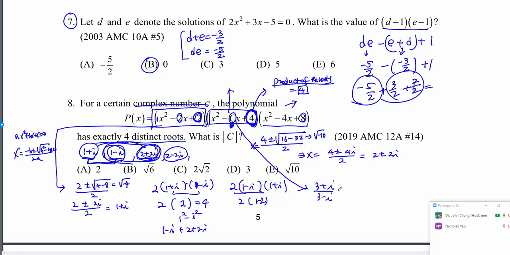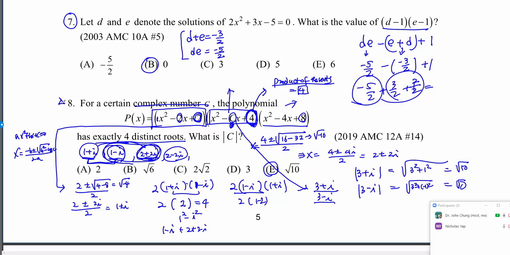C can be here and here. But when you find the absolute value of C, what is that? We know the formula: 3 squared plus 1 squared, isn't it? 3 squared plus negative 1 squared, which is square root of 10. So the square root of 10 is the answer.